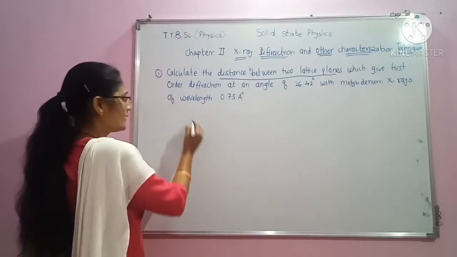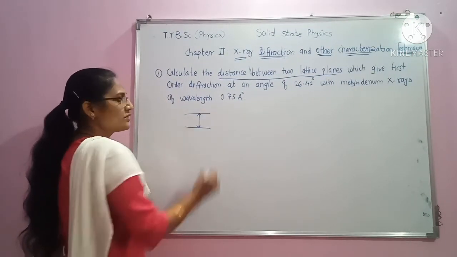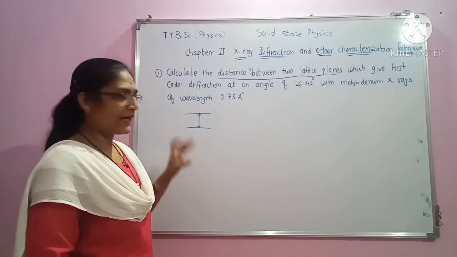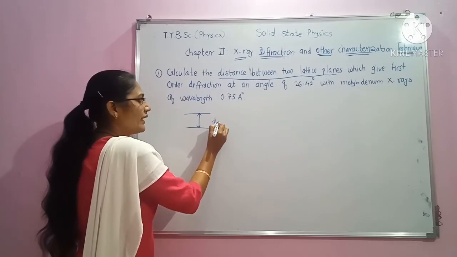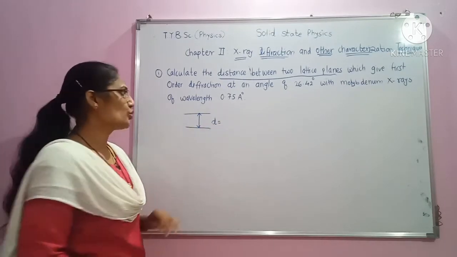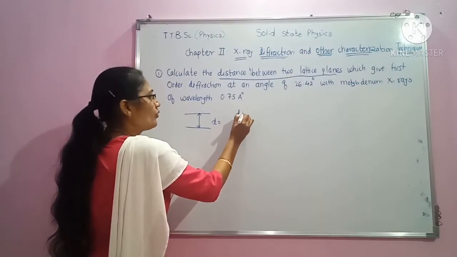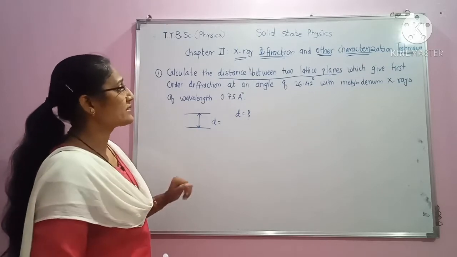It means there is one plane and another plane and you have to find this distance. The distance between two planes is called the interplanar distance and it is denoted with the letter D. So we have to find the value of D, the interplanar distance.